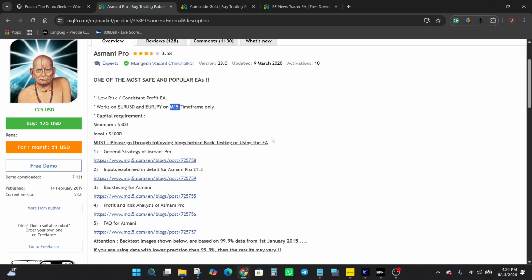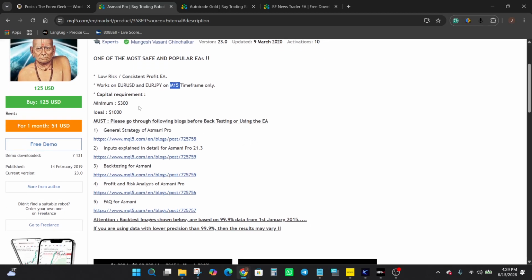Looking further into the product details, the developer outlines capital requirements, suggesting a minimum account size of $300 with an ideal starting point around $1,000. These recommendations are clearly provided to align with how the EA is expected to operate under different account conditions.